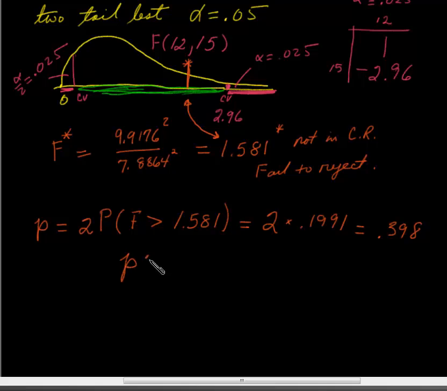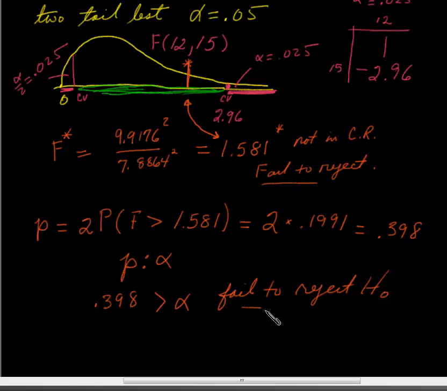The p-value to complete the test is compared to alpha, that is 0.398 is compared to my alpha, and my alpha is 0.05. 0.398 is greater than alpha, and so I fail to reject H naught. And of course, I fail to reject up here, fail to reject down here. They always go the same way.